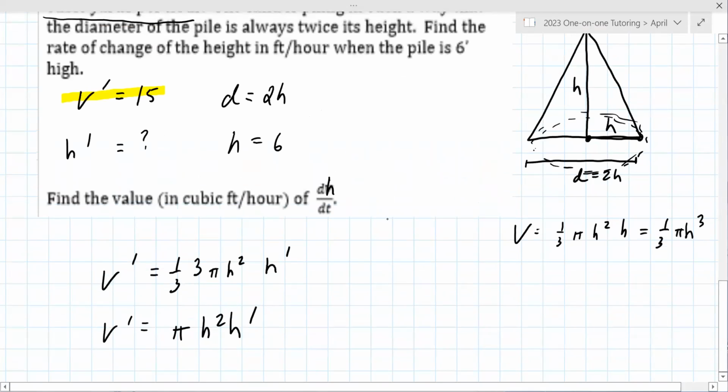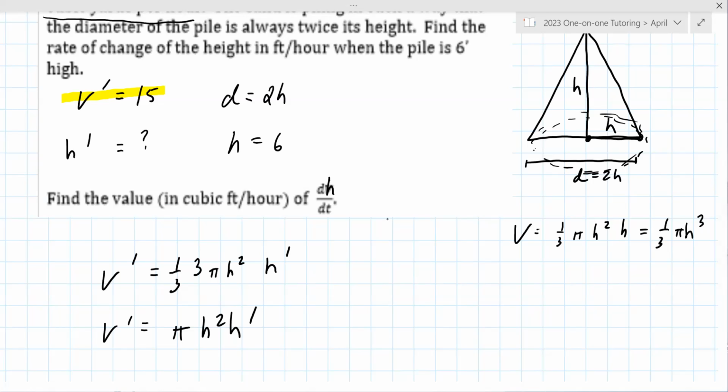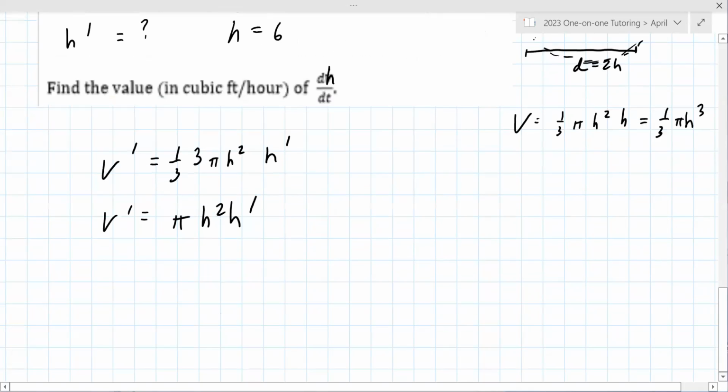Okay, so 15 equals pi. So is it 5/12 pi? So you've got, like you said, 15 equals pi 6 squared H prime.